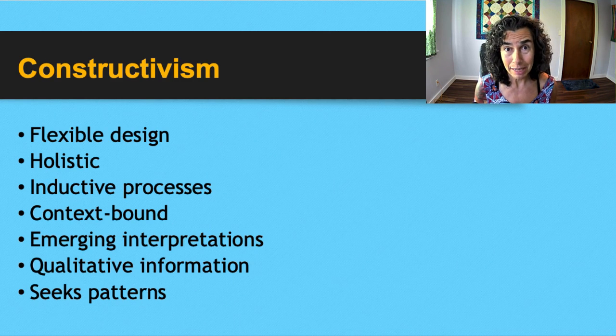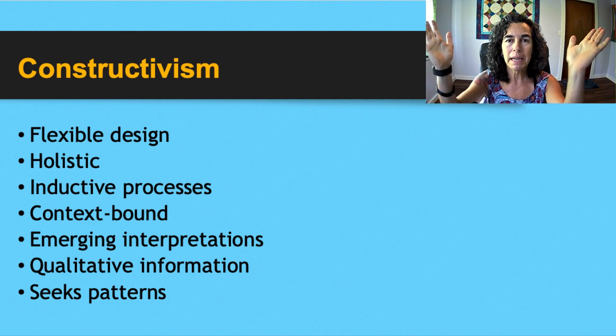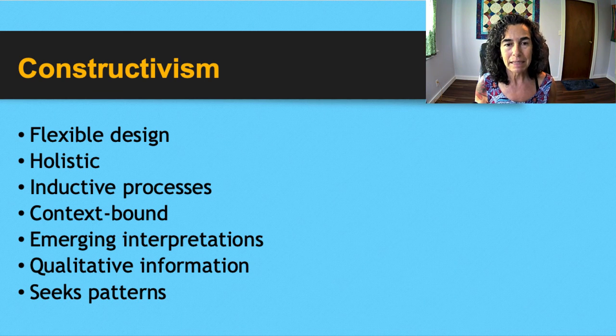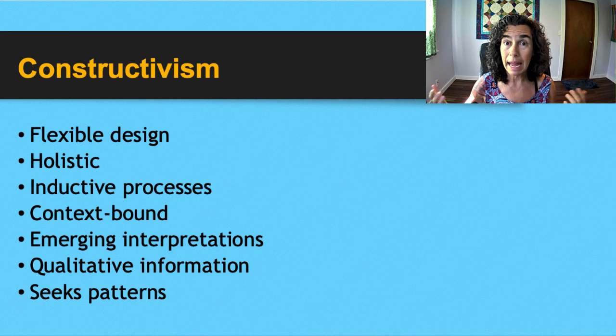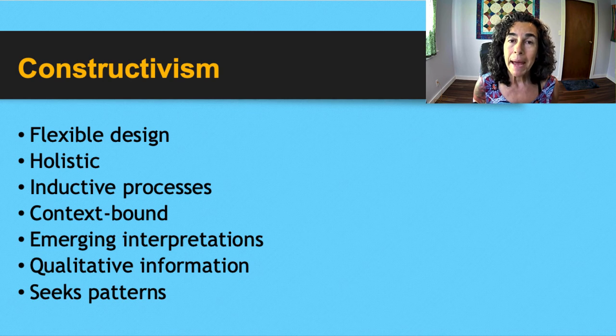Let's contrast this with constructivism. So constructivism has more flexible design. It's holistic, so it looks at the whole person or the whole situation. It's an inductive process. So remember, deductive, you start big and you go narrow. Inductive, you start with an idea and you actually build on that idea as you go. It's bound by the context. And what does that mean? Well, environment is a part of context, right?